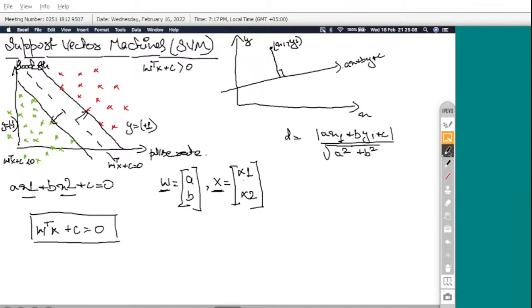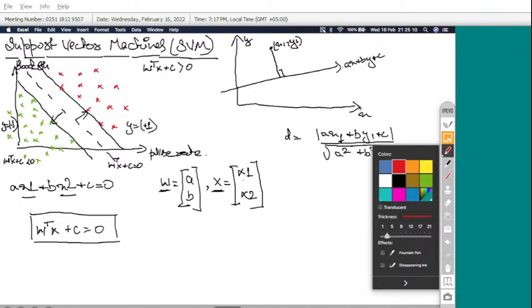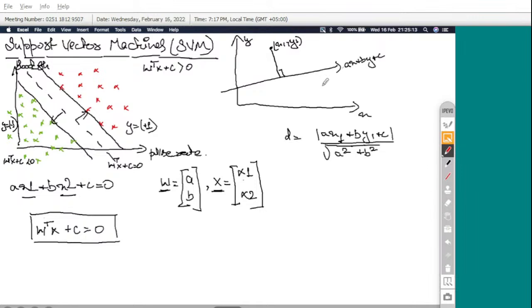Now if we say the equation of the line is w transpose x plus c, and here we have x1 equals x1, y1, and for this, w is a, b and x is x, y.